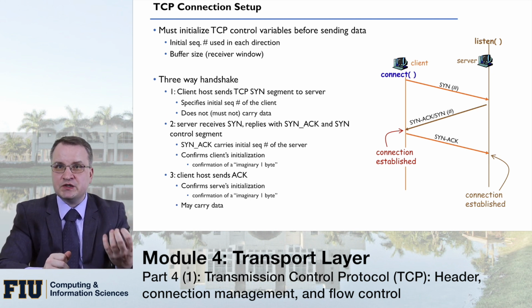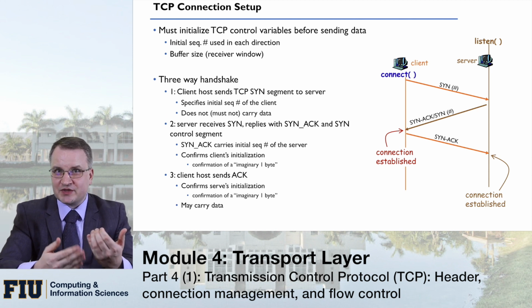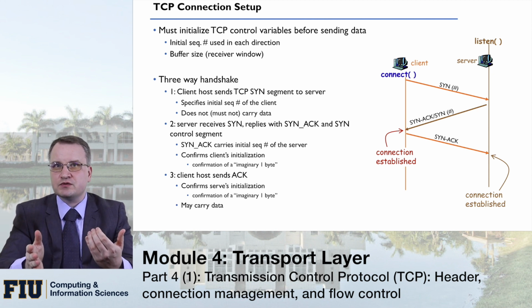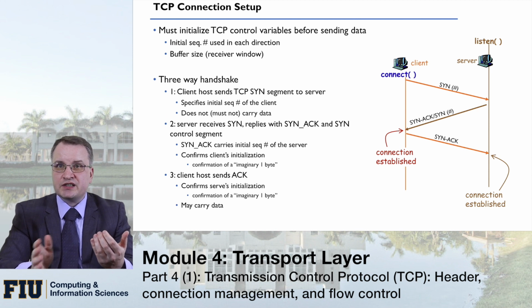Simply, with SYN you indicate some number, which from the perspective of the TCP stream is supposed to indicate the first byte of data that you're sending out. But you cannot include any data because it will be effectively discarded anyway. But then when you do acknowledgement, you acknowledge reception of this packet.